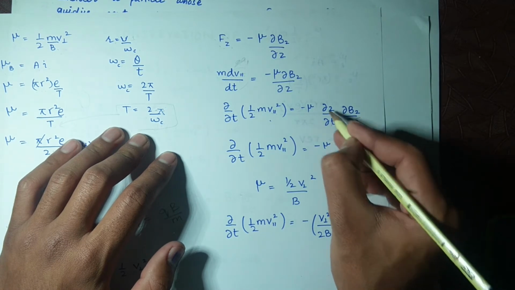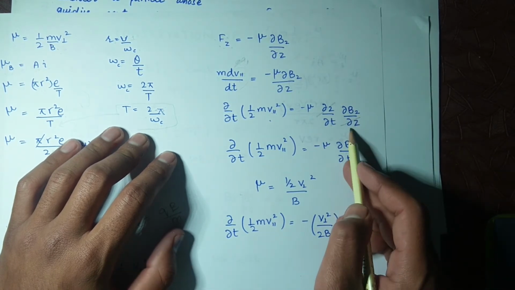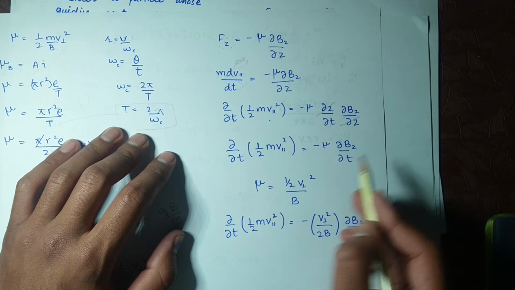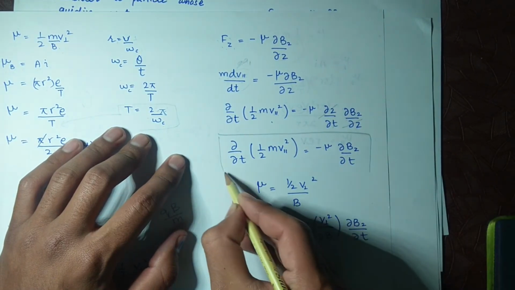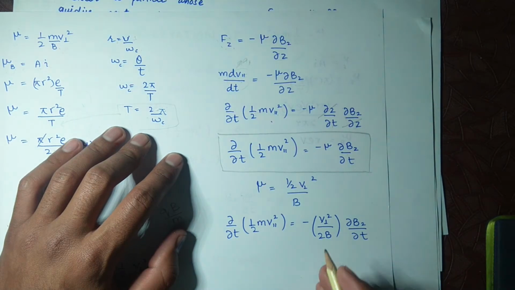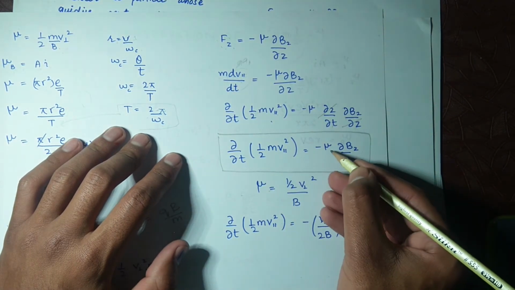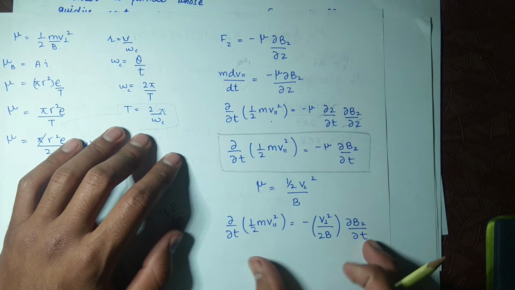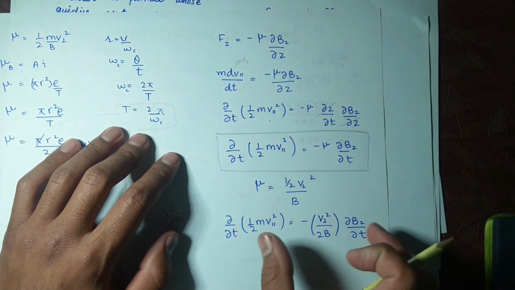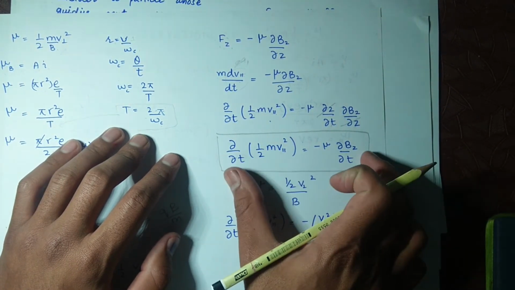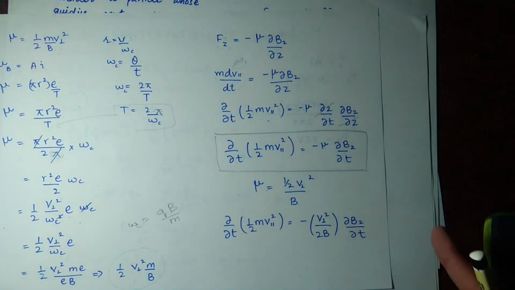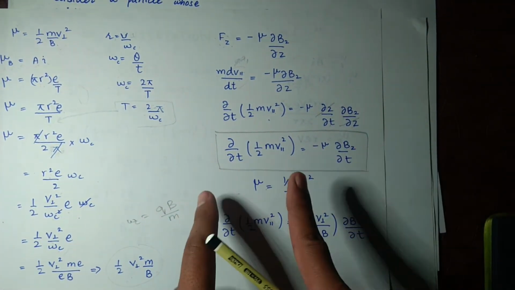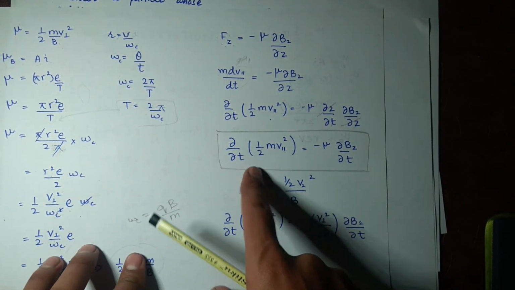This partial z is cancelled out with this partial z here, and the final equation we will have is this. Okay, this is the value of mu. If you put in this value, the equation will be like this. We are not considering that equation, we are considering this as our final equation. And we have found the value of b of z.